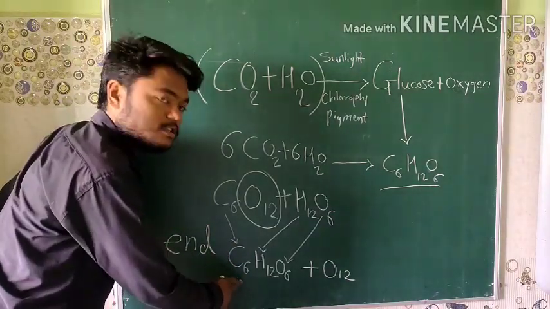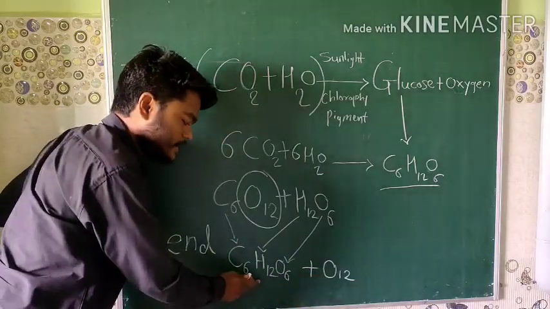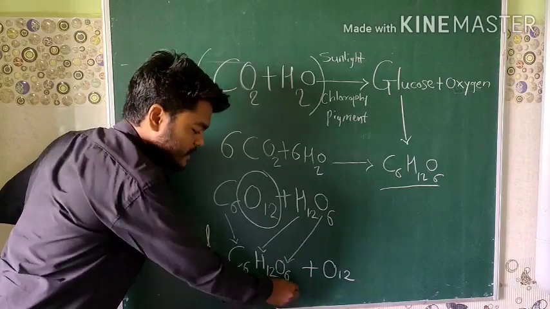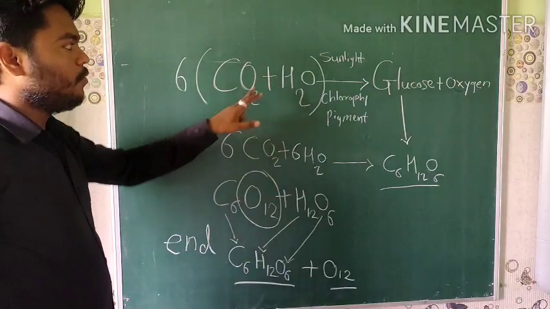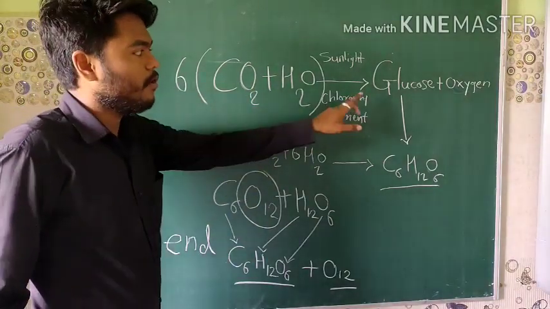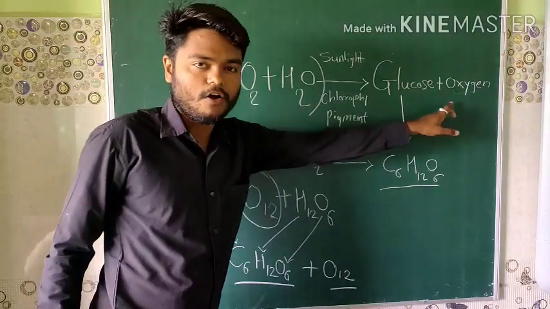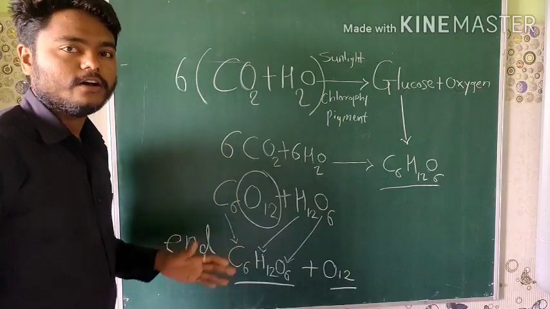This is glucose plus oxygen, O12: C6H12O6 is the glucose and this is the oxygen. So see how we got glucose and oxygen from carbon dioxide and water. This is how photosynthesis occurs.